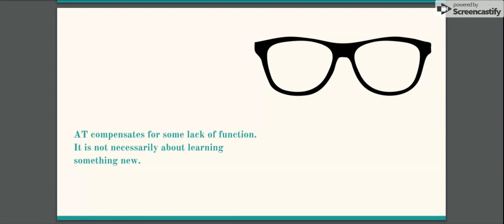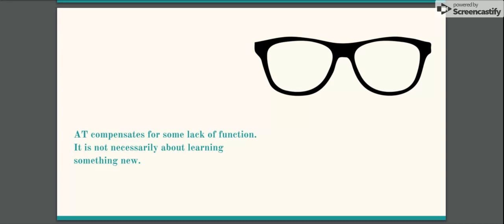Now, here is my favorite example of assistive technology, glasses. Many of us use glasses, and glasses are great. When I put my glasses on, I can see better. And because I can see better, I can carry on with my life in a more productive way. But those glasses are not teaching me to see better.